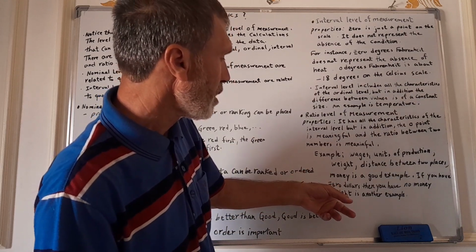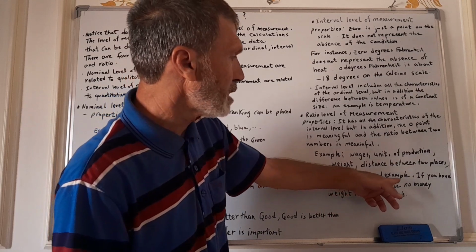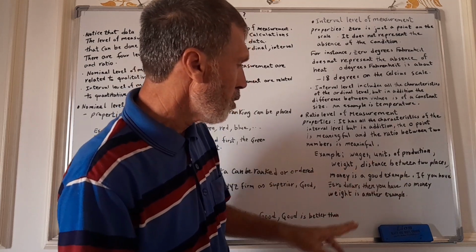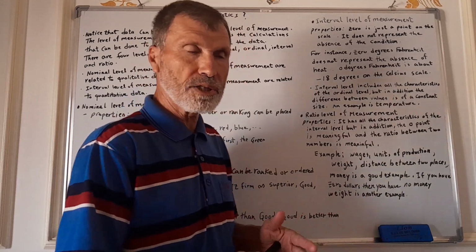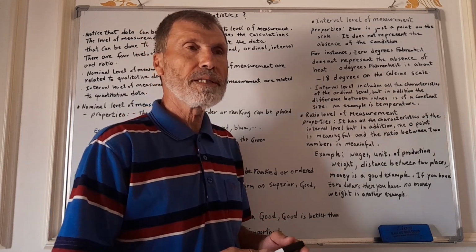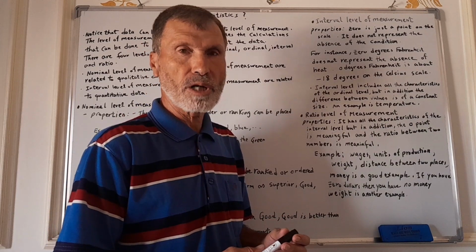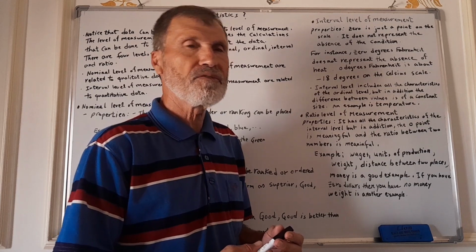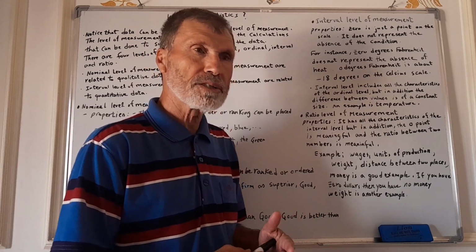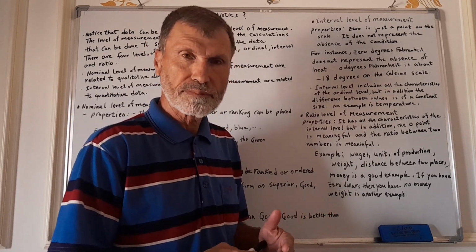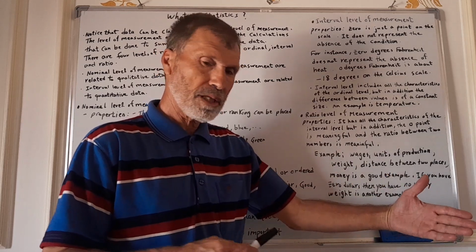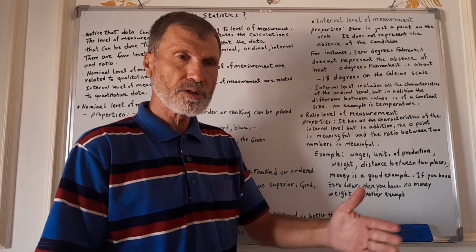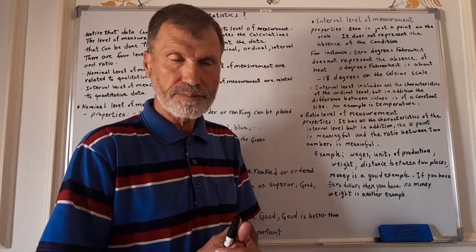For instance, money is a good example. If you have $0, then you have no money. Weight is another example of ratio. If your weight is 100 kilograms and somebody else's weight is 50 kilograms, then we could talk about the ratio. 100 over 50, so the ratio is 2 to 1.